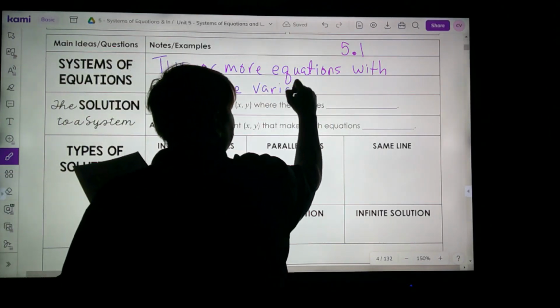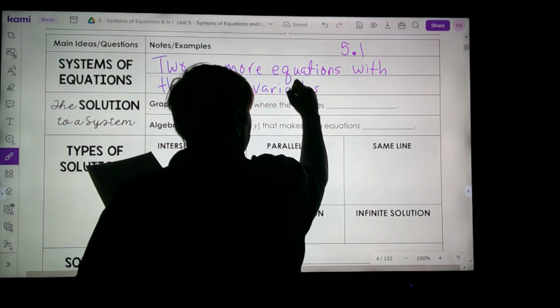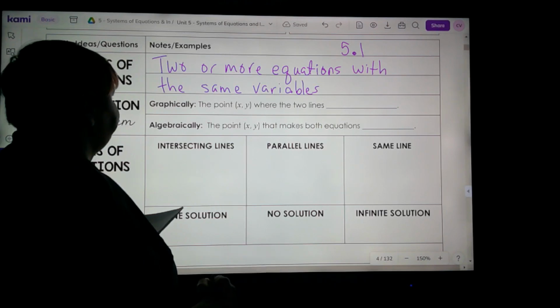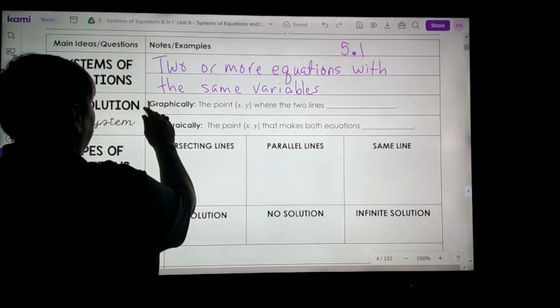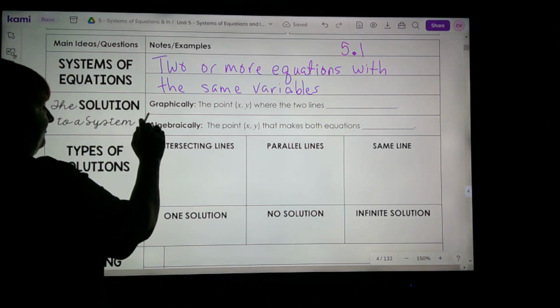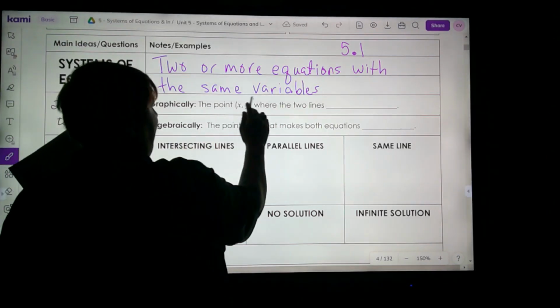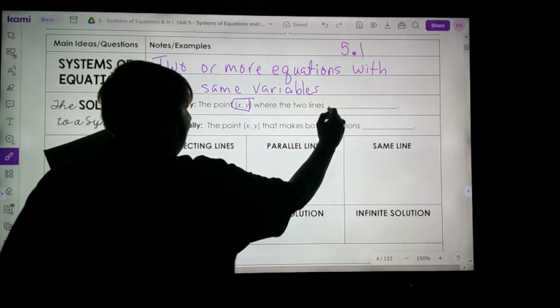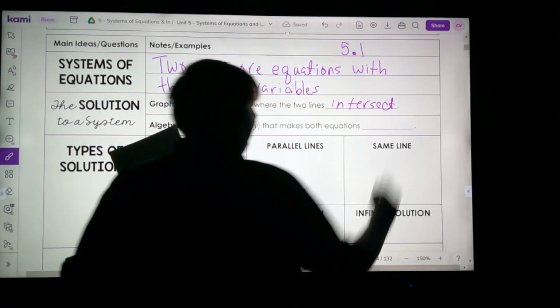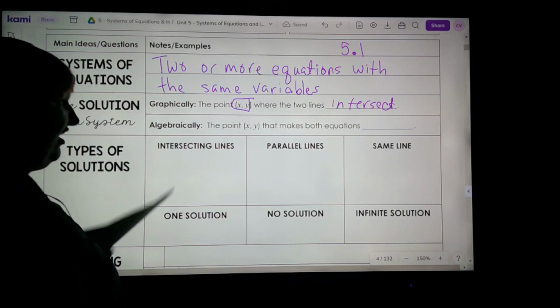So in our case, both equations will have an x and a y, which means we can graph them, right? Graphically, the solution to the system of equations is the point where they intersect, the point where they cross.